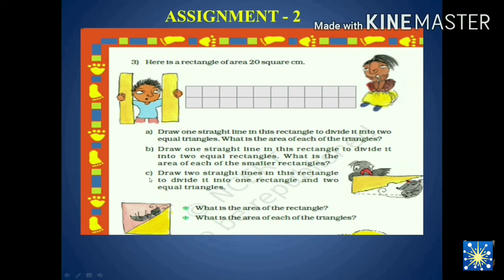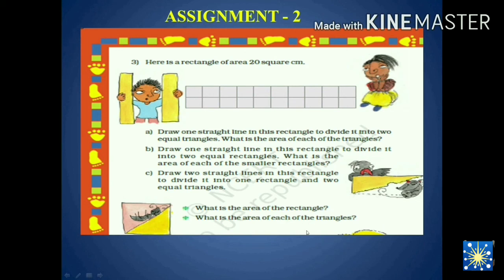Next part is draw two straight lines in this rectangle to divide it into one rectangle and two equal triangles. Then you should calculate what is the area of the rectangle and what is the area of each of the triangles.